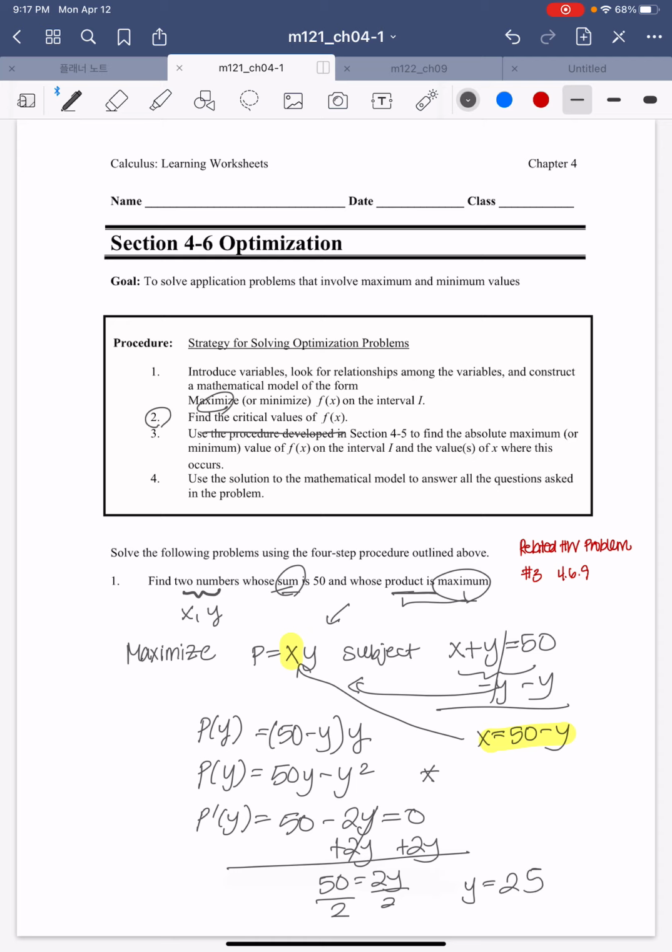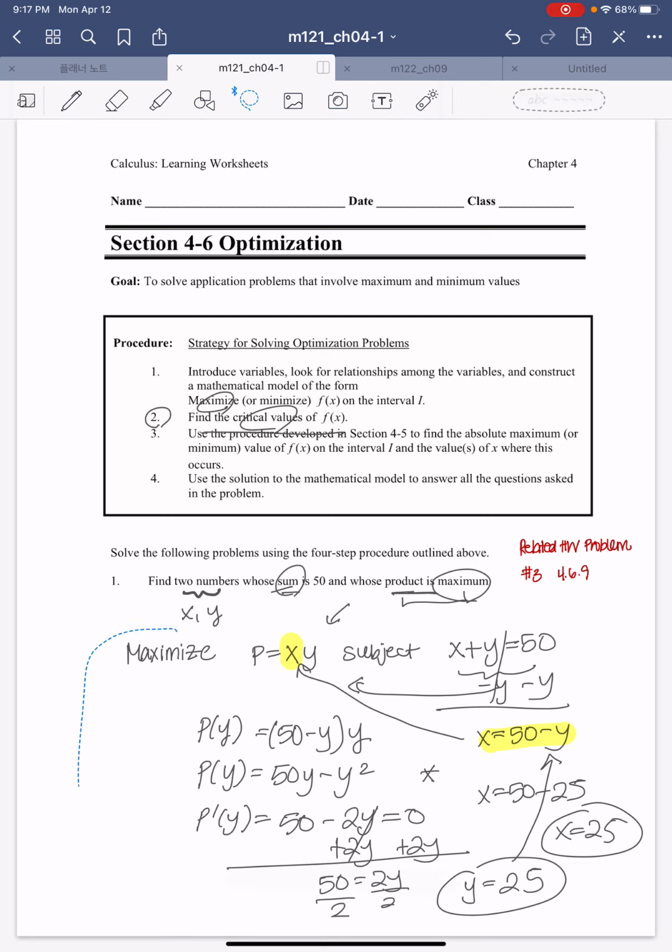Now with y equal to 25, I can solve for x. So x is equal to 50 minus 25, so x is also 25. Now that is our critical value.